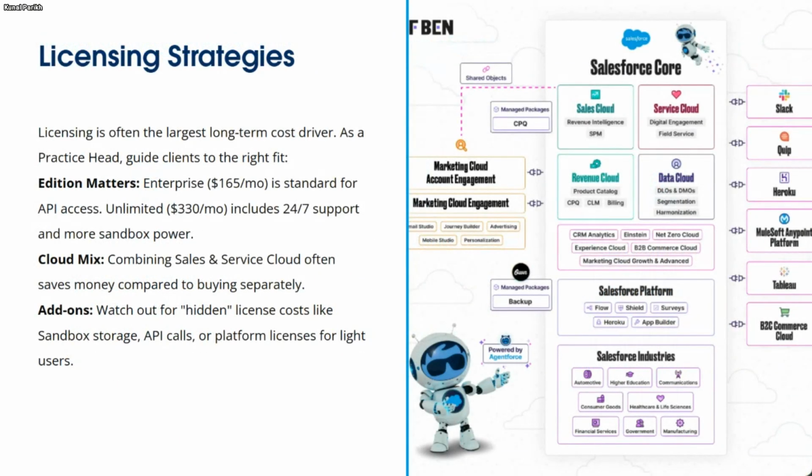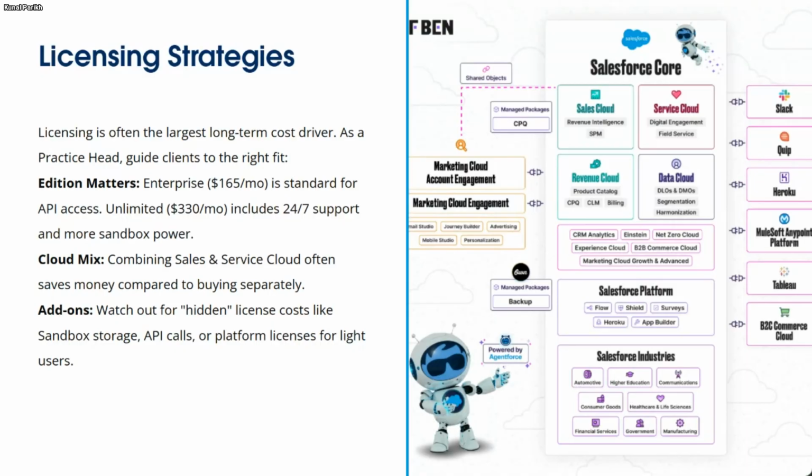Then, what are the licensing strategies? In terms of the overall licensing strategies, if you see on the right, I've tried to cover the various aspects of the platform. When it comes to core, you have your Sales Cloud, Service Cloud, Revenue Cloud, which work depending on the number of users.